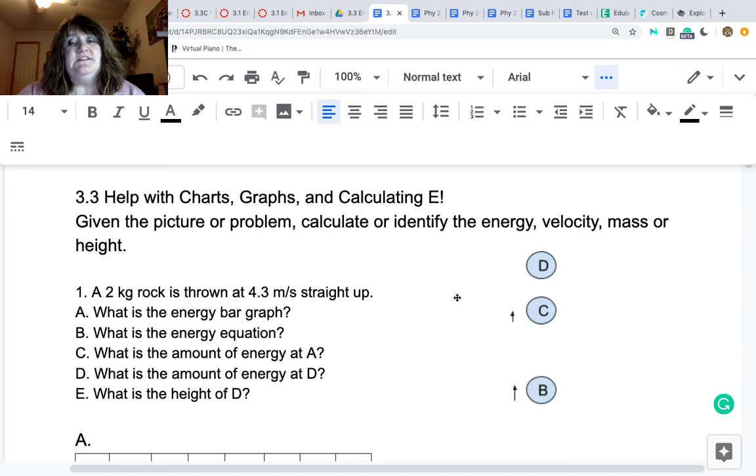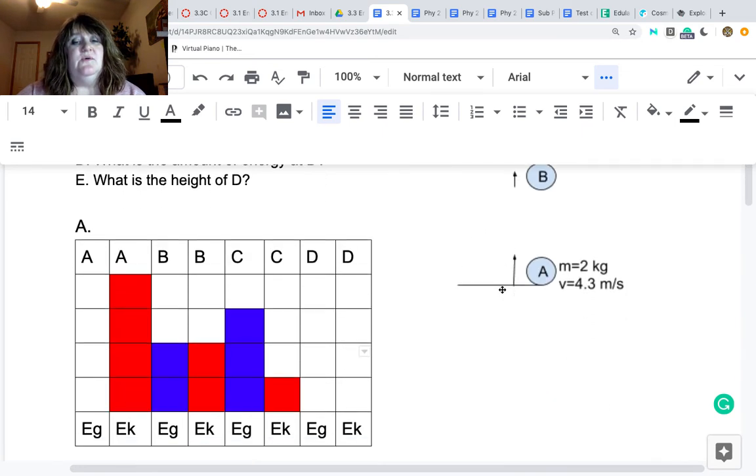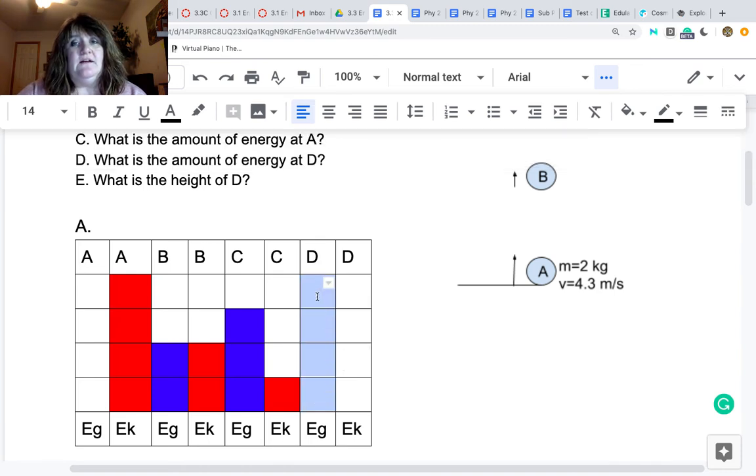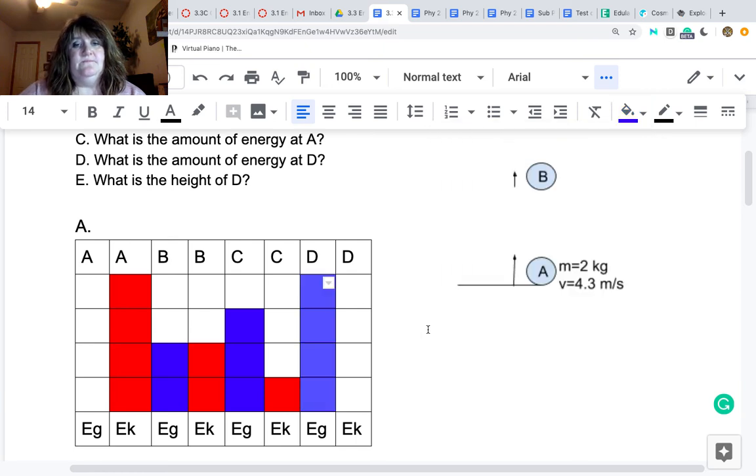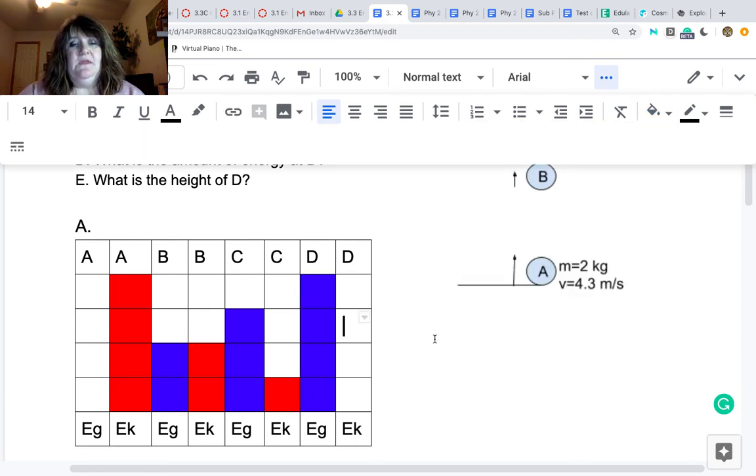And then position D, it's at its highest point, it's not moving, so therefore I'm going to have all 4 blocks of EG. Okay, so that's your energy bar graph. All EK, half and half, more EG, all EG.